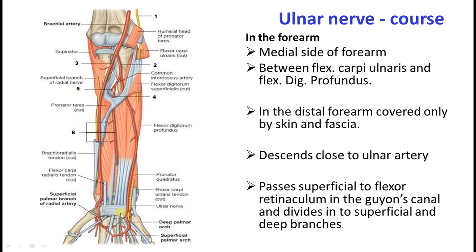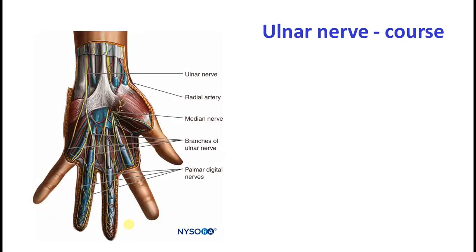Below, it will be formed by the flexor retinaculum. Above, the palmar carpal ligament will stretch across, thereby creating a tunnel-like structure through which the ulnar nerve will pass. So there are more chances of compression of the ulnar nerve in the Guyon's canal. After that it immediately divides into superficial and deep branches.